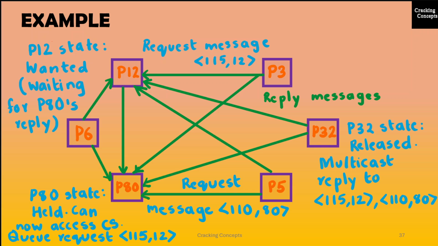So it will change its state to released, and it will multicast its reply to both of these processes because they gave a request for access to the critical section. Now since P80 received replies from all the processes, it will change its state to held so that it can now access the critical section, and its request queue will contain the request from P12. So P12 will still be in the wanted state, waiting for P80's reply.